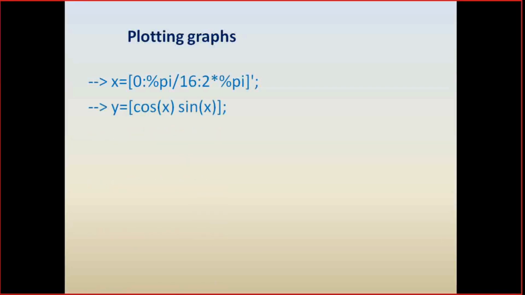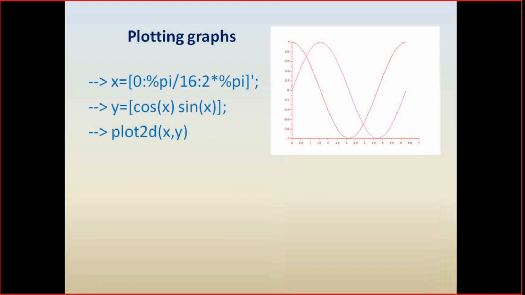Now for y, I am getting the values of cos x and sin x. Now I have to plot x and y. So I give the command plot2d(x, y), and I'll get a plot of this kind.